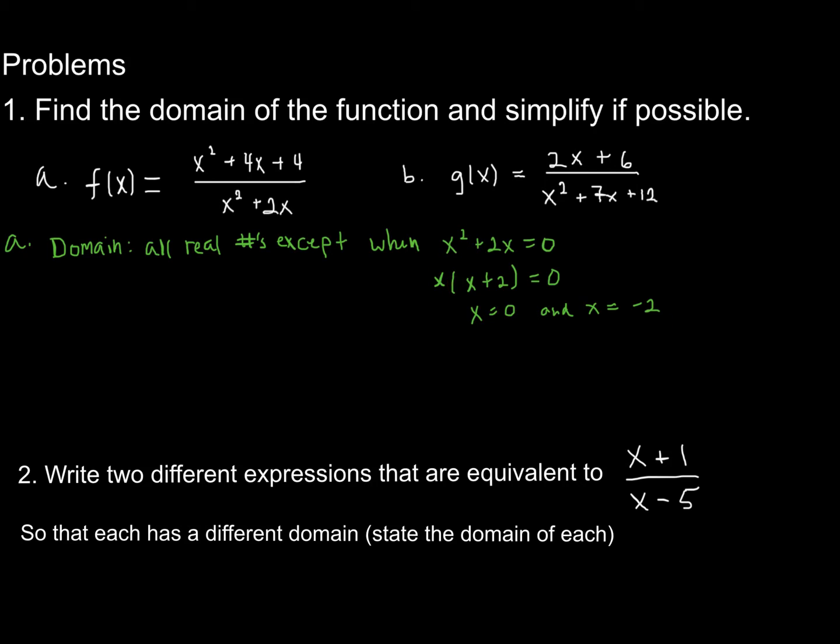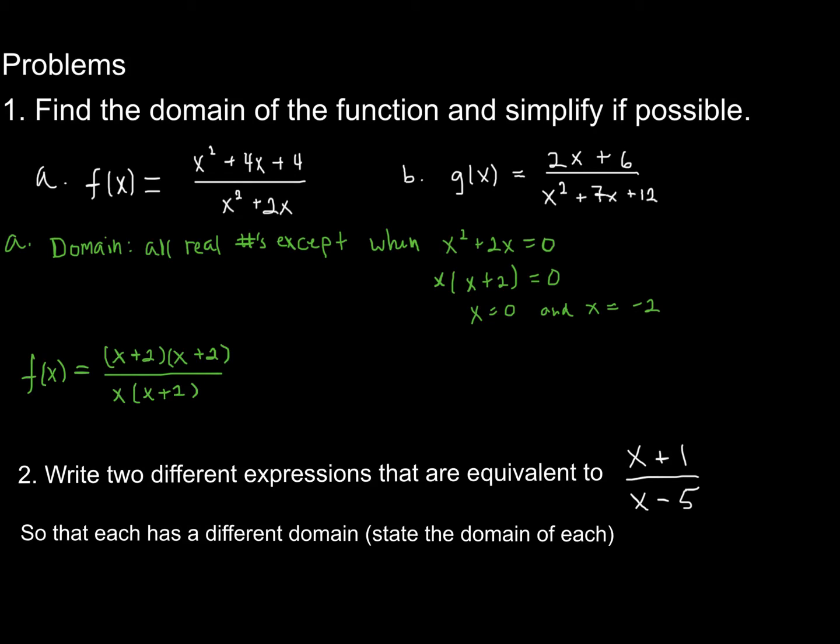Now, this factoring is actually going to help us out, because when we go to simplify our expression f of x, we'll want to factor both the numerator and the denominator. The numerator will factor to x plus 2 times x plus 2, and our denominator we've already factored as x times x plus 2.